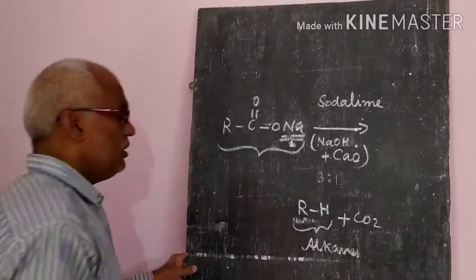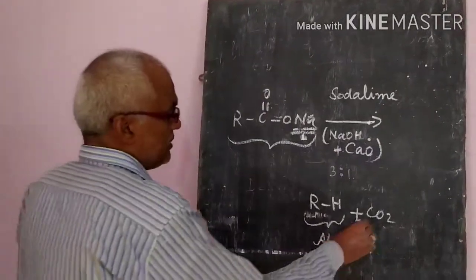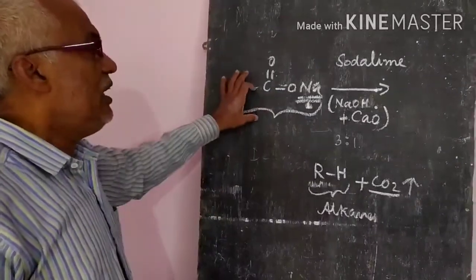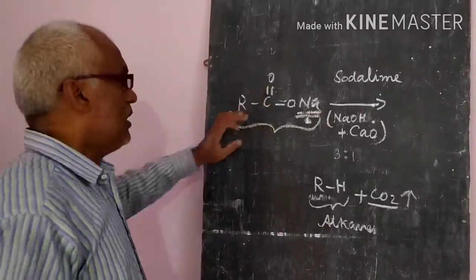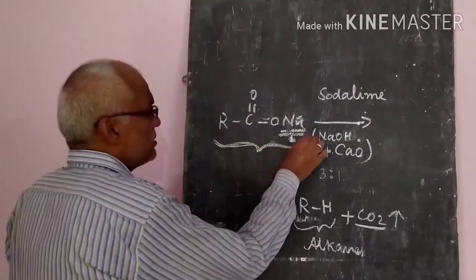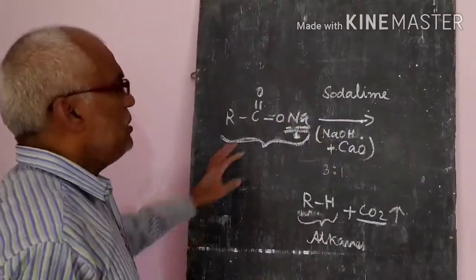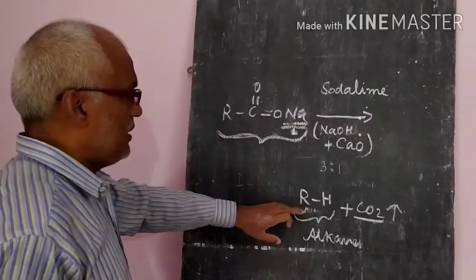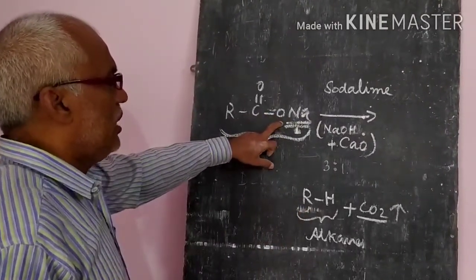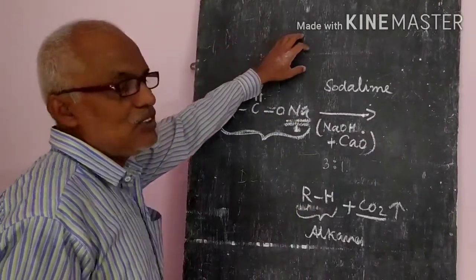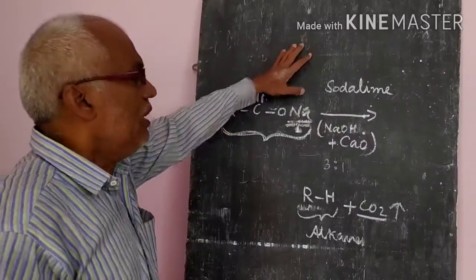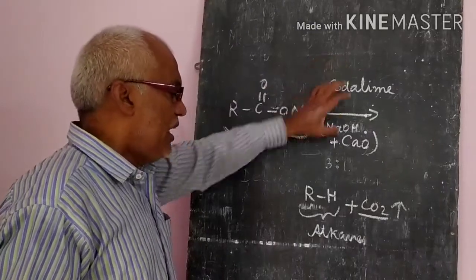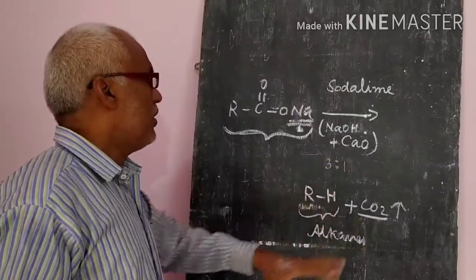This reaction we will call decarboxylation. Generally only the sodium salts or potassium salts of an acid, the alkali metal salts, undergo this. To make the alkali metal salts, acids are treated with sodium hydroxide or potassium hydroxide to get their salt. Further, it is treated with soda lime and they are converted into the corresponding alkanes.